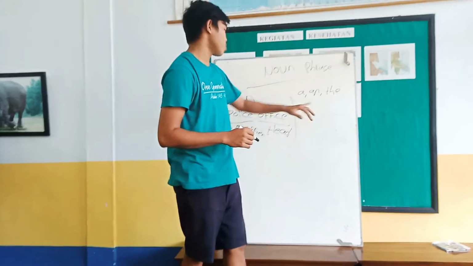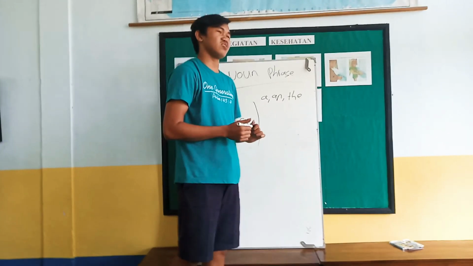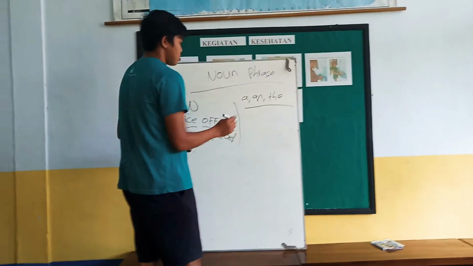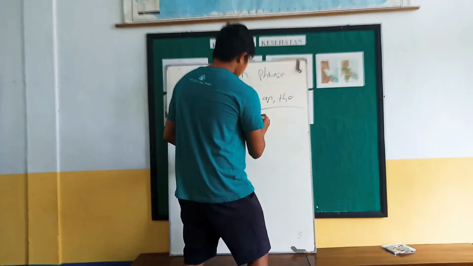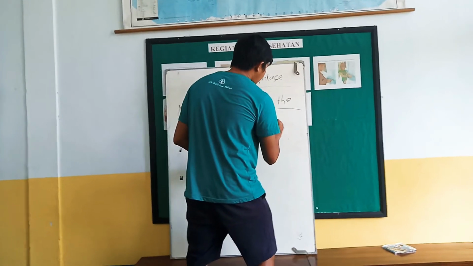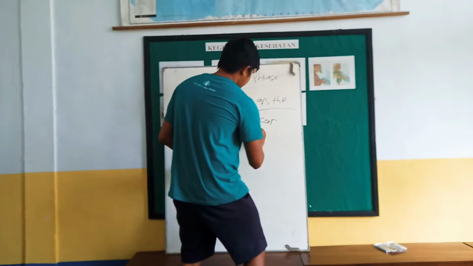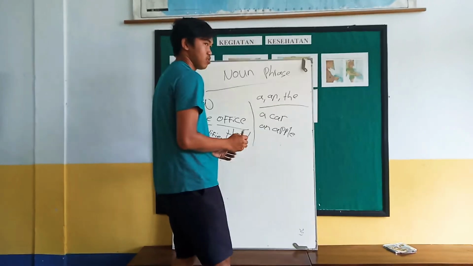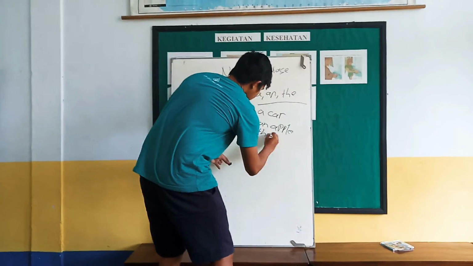They are usually used, like the articles, to make a noun phrase. The examples are a car, an apple, the boy.